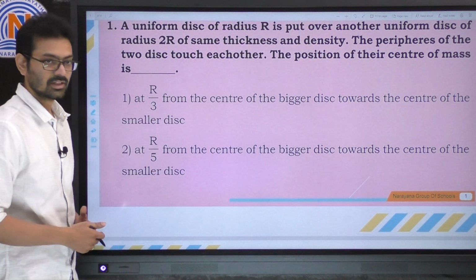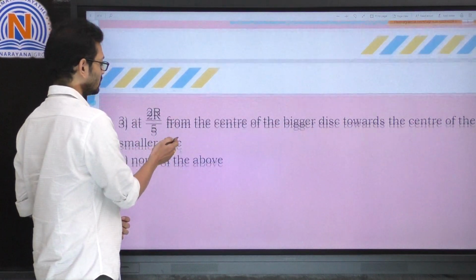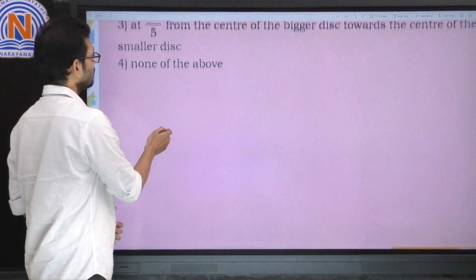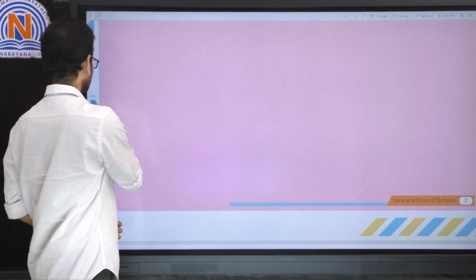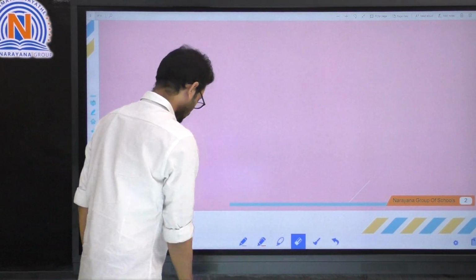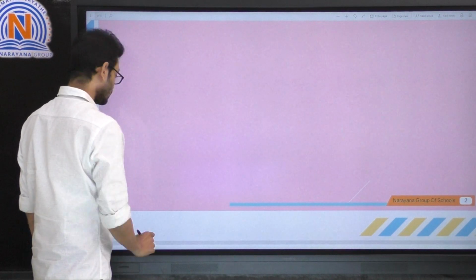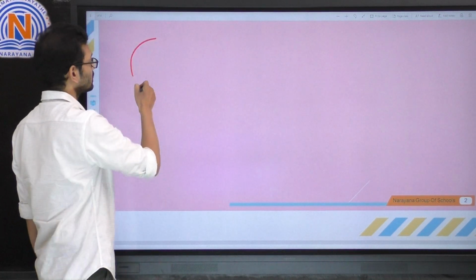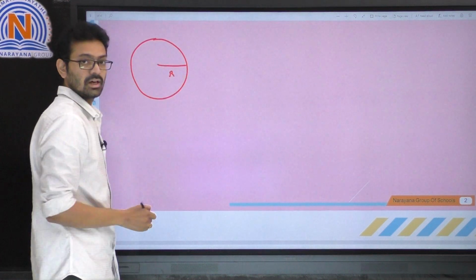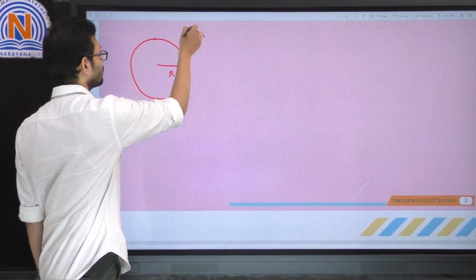So the position of the center of mass, let us go with this problem first of all. When you go with this particular problem, you can take two disks. Let us take the first disk like this with some radius r, and you take another disk which is of radius 2r.